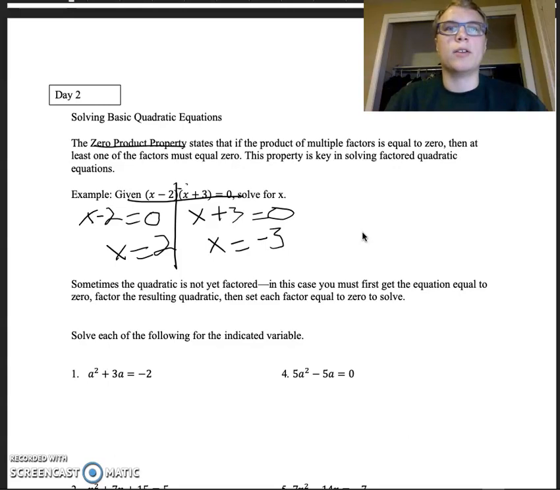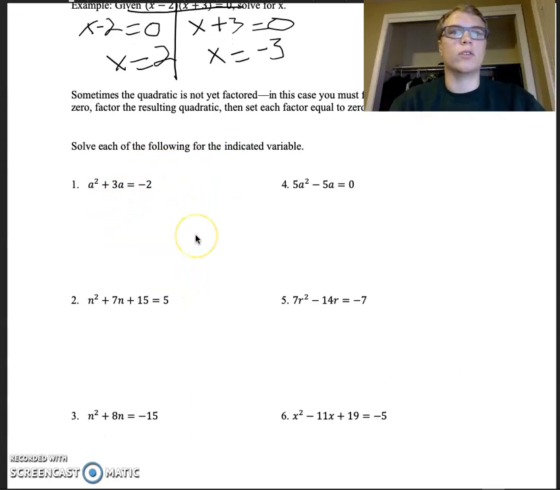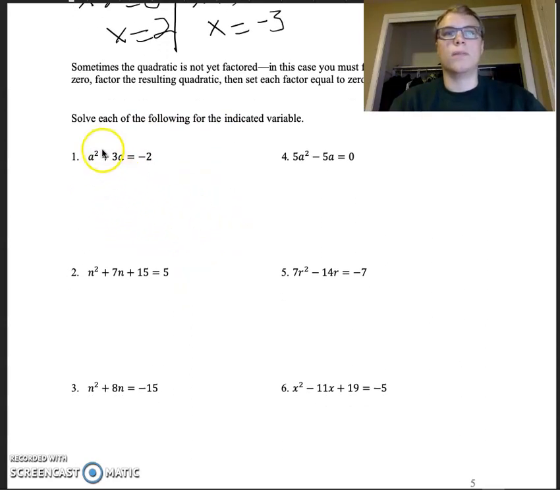But most of the time you don't see it as the product of two binomials. Most of the time you see it in the form you see down here in 1 through 6. So the first step is to factor. For 1 we have one extra step before, but basically we have to factor it first to get it into the product of binomials, and then we can solve for the variable.